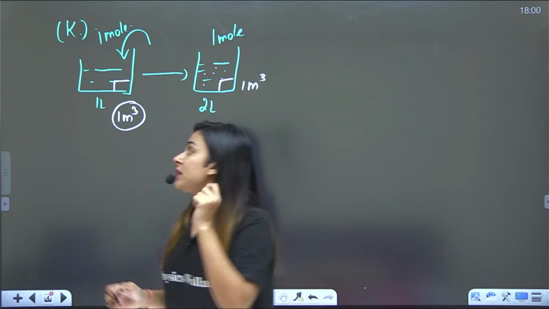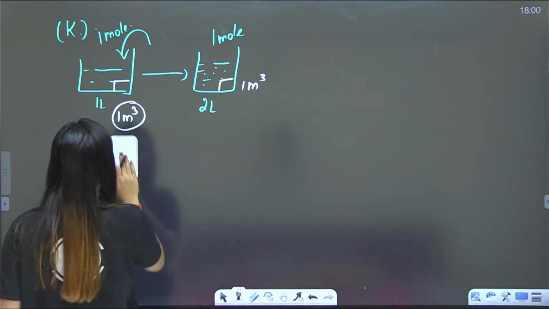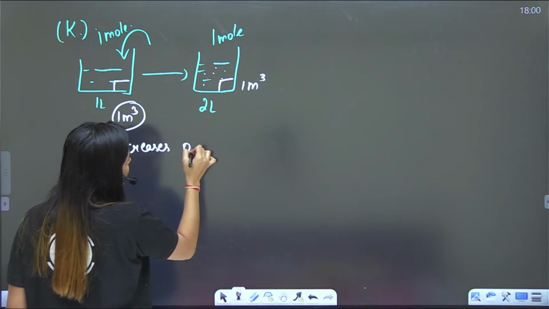So this is how we say that conductivity actually decreases on dilution.